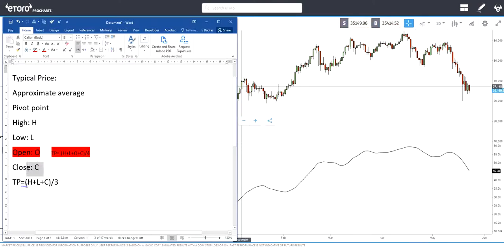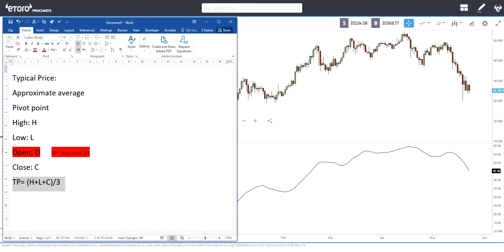So you add high, low, and close price, then divide by 3. Some platforms may use another variant of this calculation, which also takes the open into account, then divides by 4, which is not that common. So we stick to the first one: high, low, and close divided by 3.